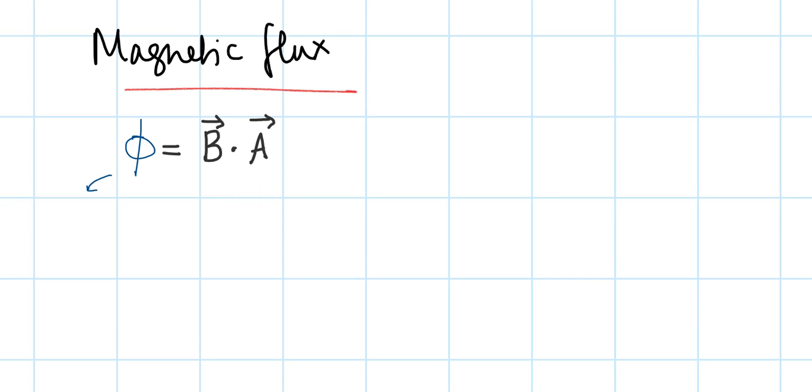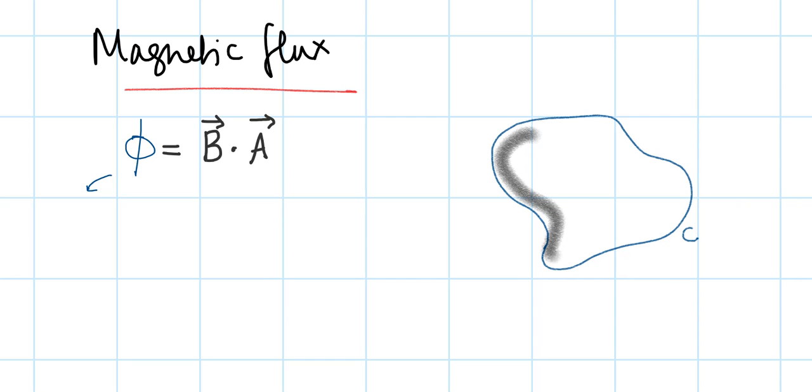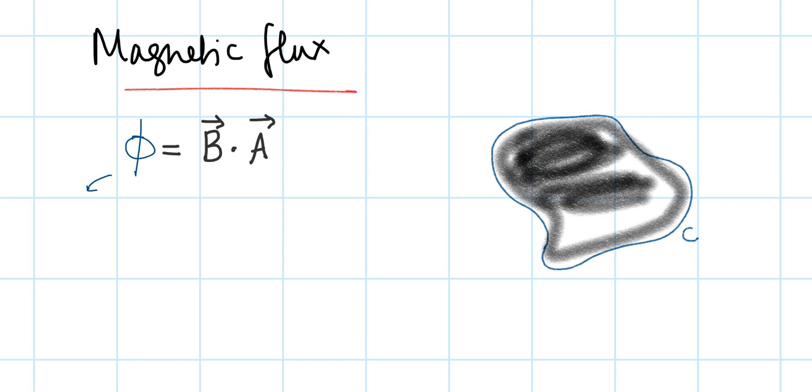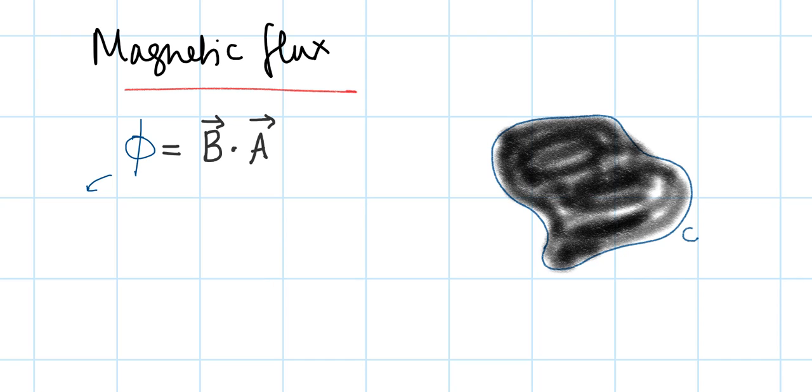The quantity flux is defined over a surface area enclosed by some loop C. So if C is the loop, then the quantity magnetic flux is defined within the region enclosed by C. So the shaded region is the region upon which we are going to define the quantity magnetic flux.